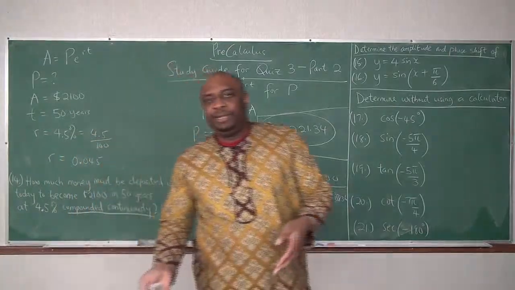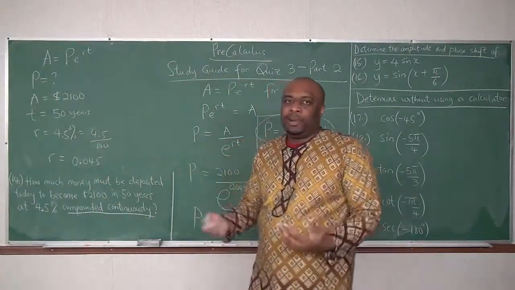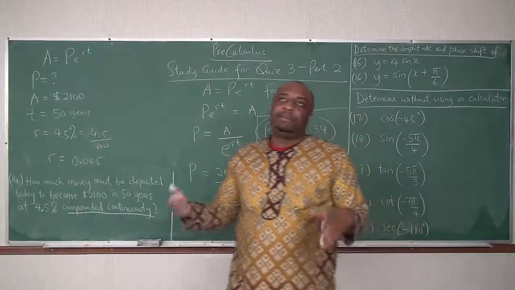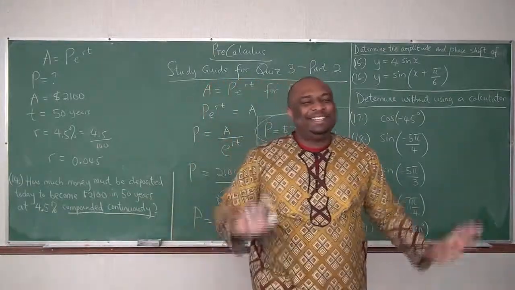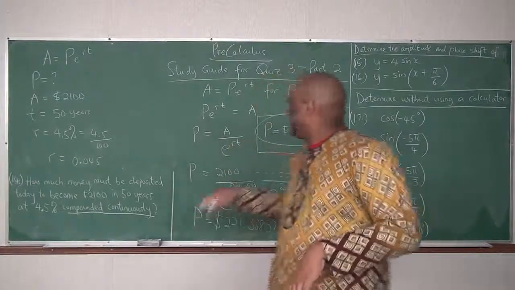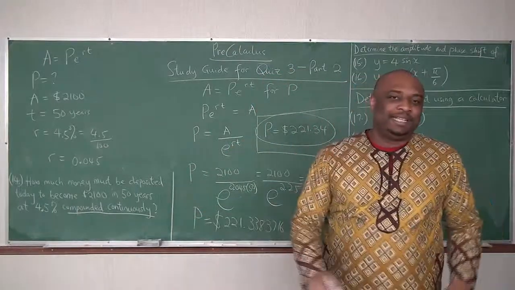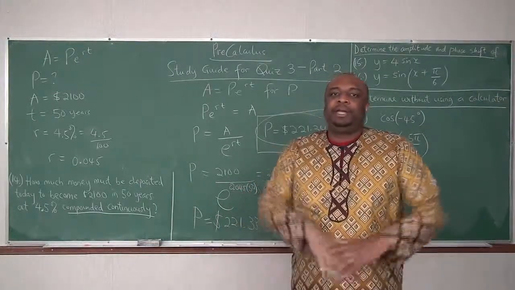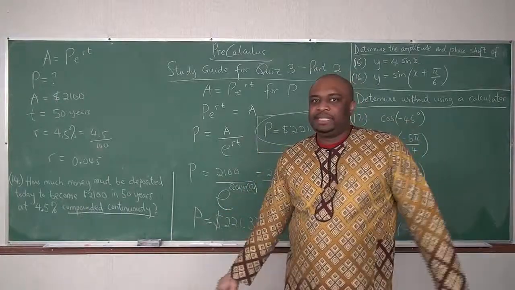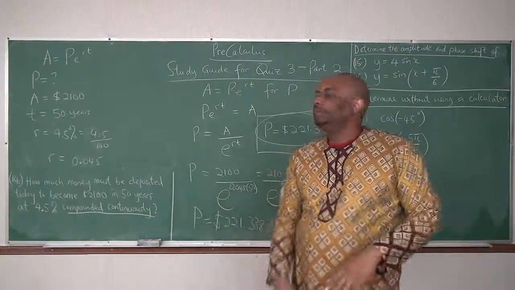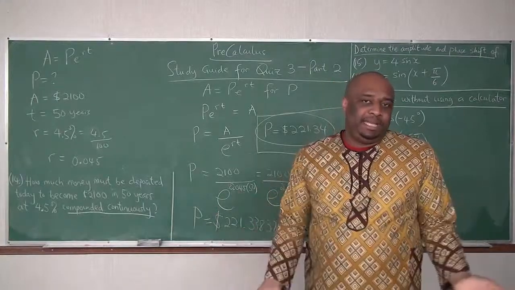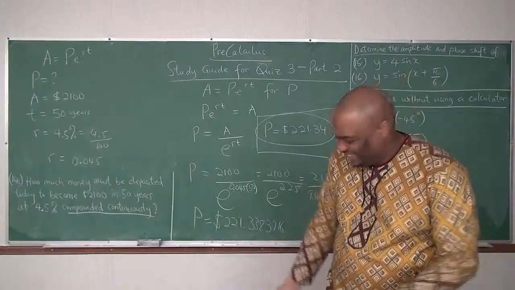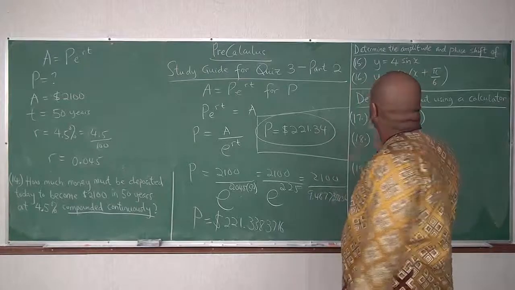Let me say it very nicely now: if you deposit $221.34 in a financial institution whose interest rate is 4.5% compounded continuously, then in 50 years you will have $2,100.